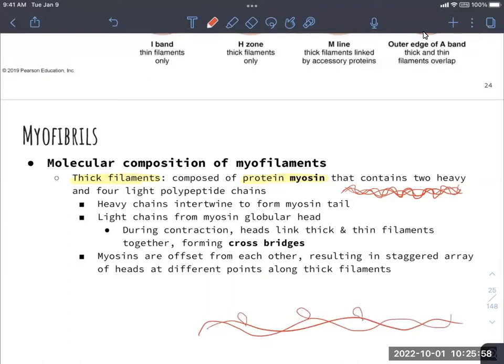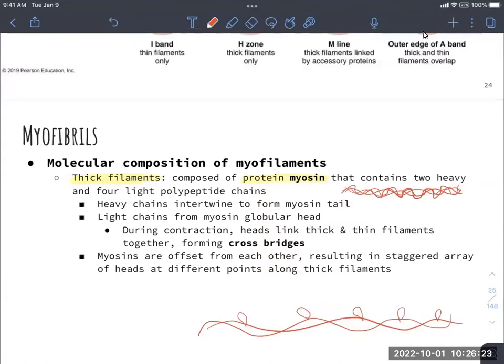Kind of like, think of it like a golf club. And then the handle of that golf club is intertwined with 2 of them wrapping around each other. If you think of it that way, it'll kind of help picture how this is going to work.